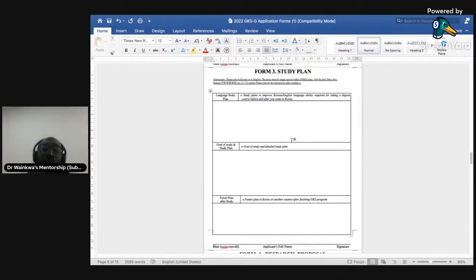If you're going to have your major in English, and you mention how you're going to improve your Korean skills, well, that could be applicable for your Korean language school, but it will be better if you mention how you plan to improve your English ability.